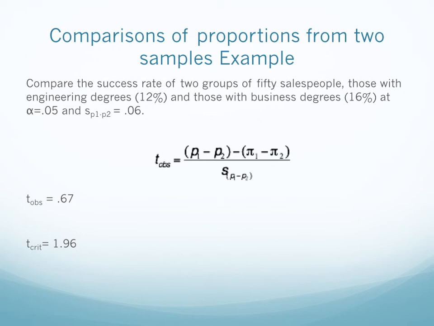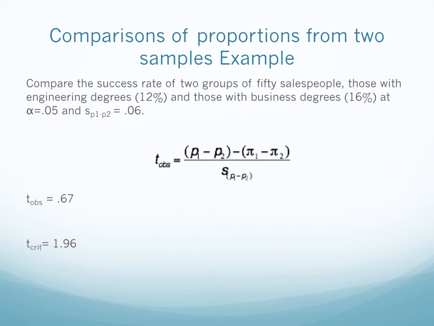And we calculate the observed t as 0.67. And the critical value of t for alpha 0.05 is 1.96. So our conclusion would be that no, these data do not support the conclusion that salespeople with engineering backgrounds and salespeople with business backgrounds differ in their success rates.